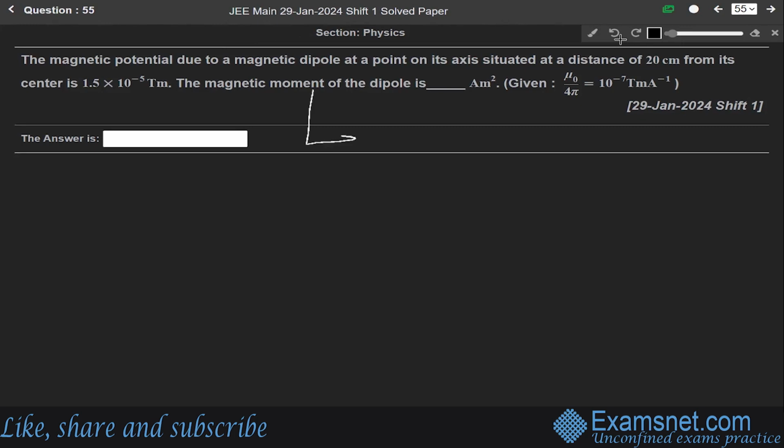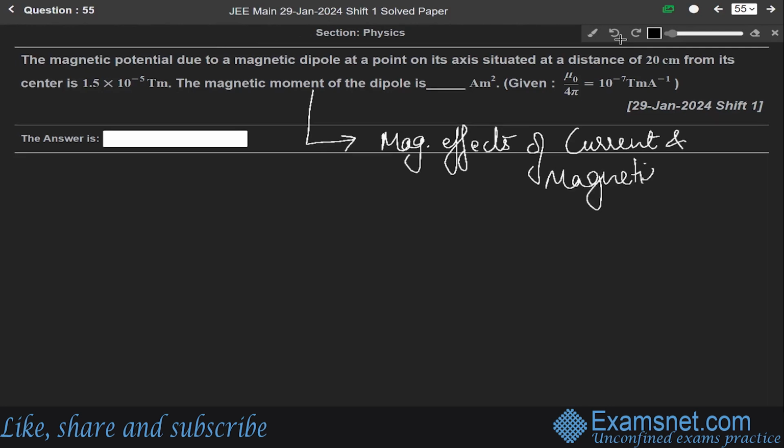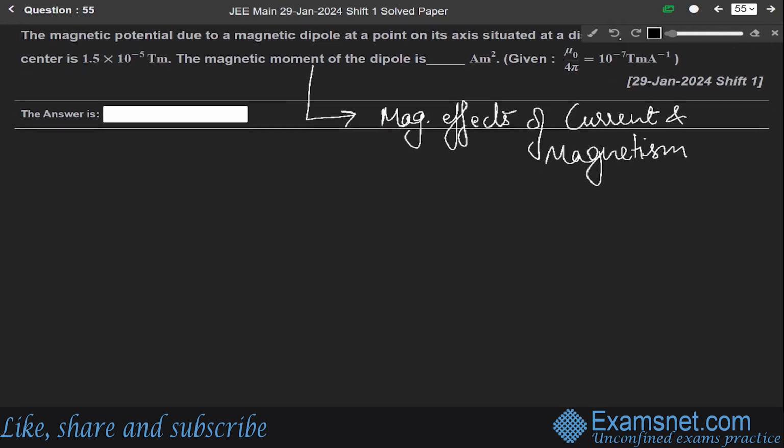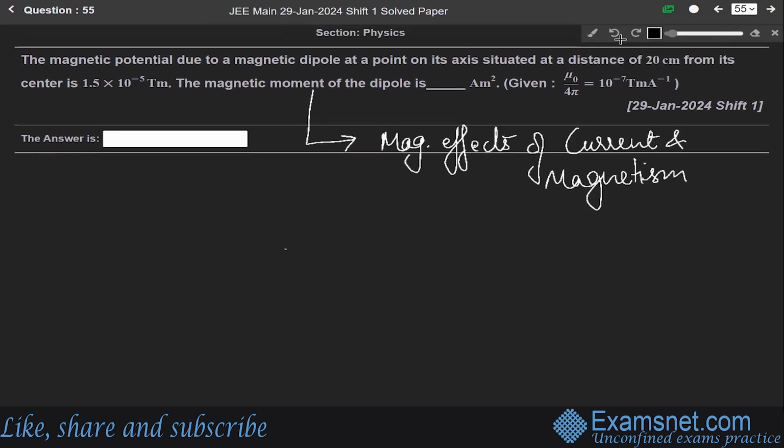This is from the chapter of magnetic effect of current and magnetism. According to this question, we are given a magnetic dipole and the magnetic potential due to it at a point on its axis. Let us say this is point P and the magnetic moment is in this direction.